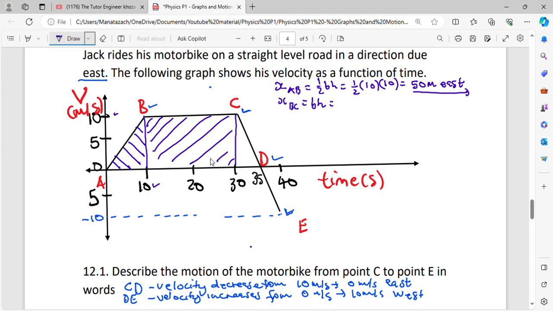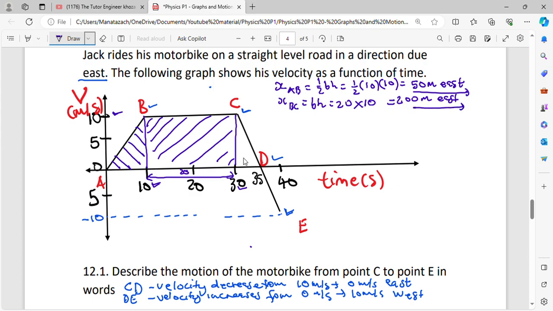Our base between 10 and 30 is 20, right? This distance here is 20. So our base is 20 times the height, which is the same 10 meters per second. So here will give us 200 meters east.